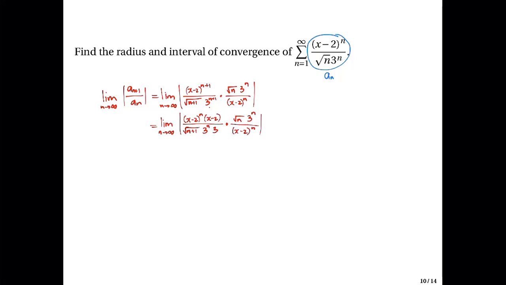Clearly, we can cancel x minus 2 to the n, and also 3 to the n. We are left with the following expression. First, x minus 2 does not depend on n, so we can bring it out, and also this 3. So we have absolute value of x minus 2 over 3 times the limit as n approaches plus infinity of square root of n over square root of n plus 1.